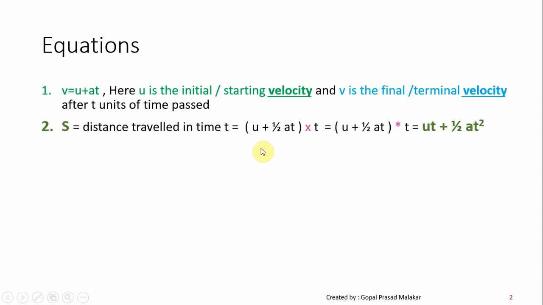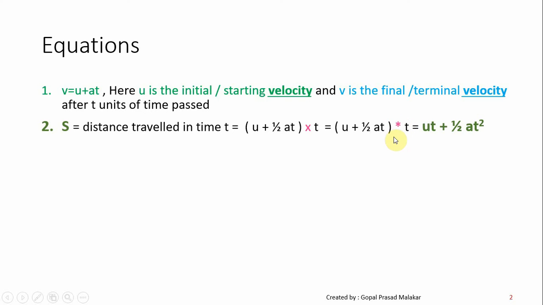One more thing you need to understand: when I say this is the average velocity, u plus half at, into t, this x, many people get confused with this multiplication with x. To remove that confusion, I'm going to use this asterisk or star a number of times, which represents multiplication.